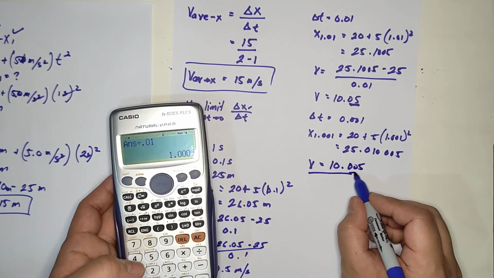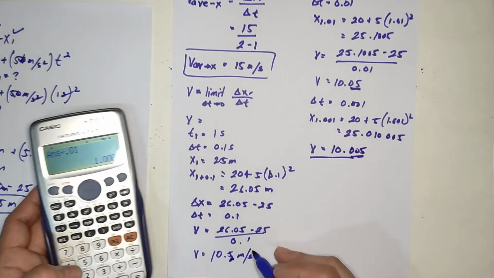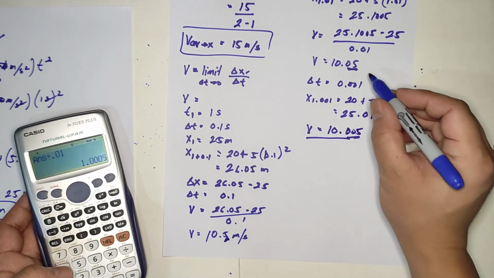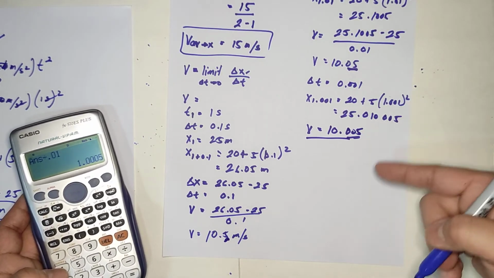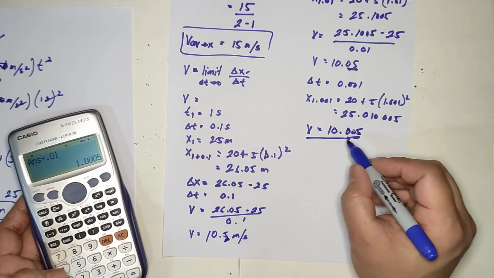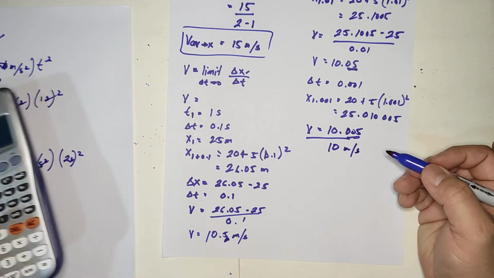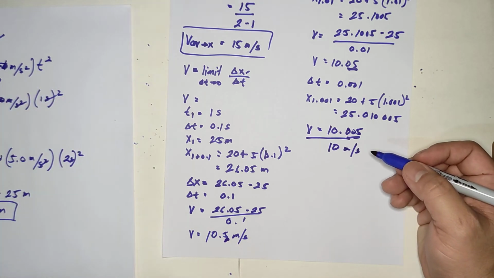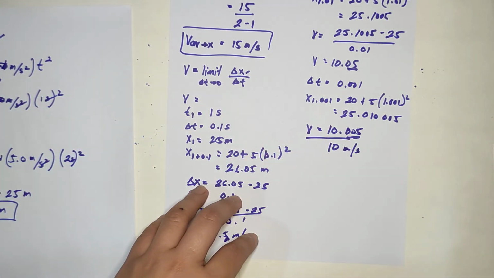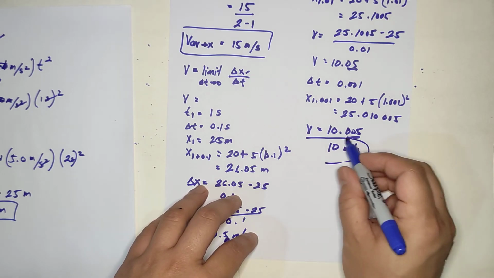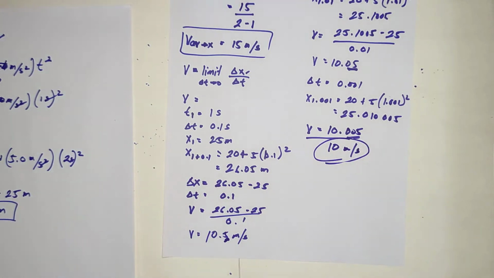So see, 0.5, 0.05, 0.005. If you go on and on, it approaches 10 meters per second. You could say that the instantaneous velocity at 1 second is 10. Okay, 10.